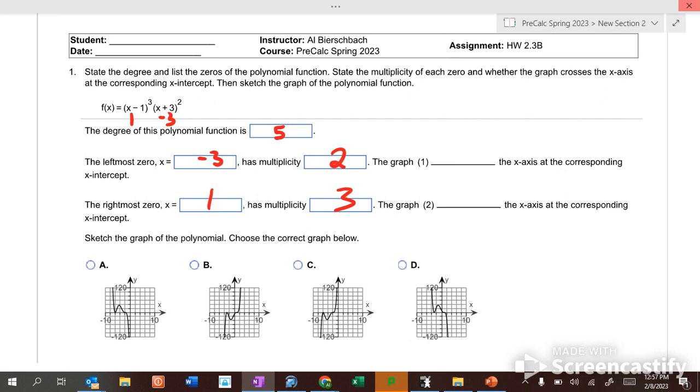So it's going to bounce at -3 and cross at 1. And since it's positive, it's going to end up. So bounce at -3, cross at 1. I think it's like B.